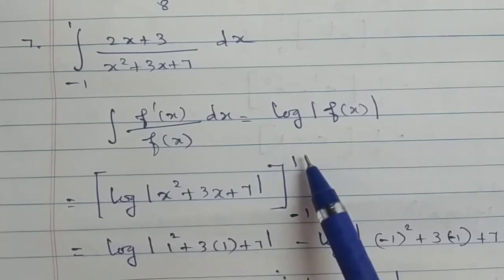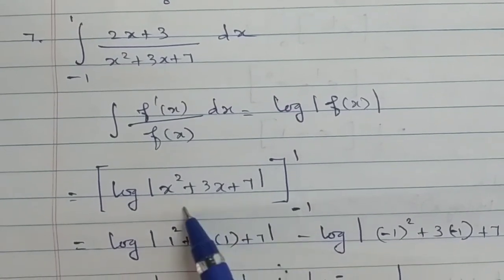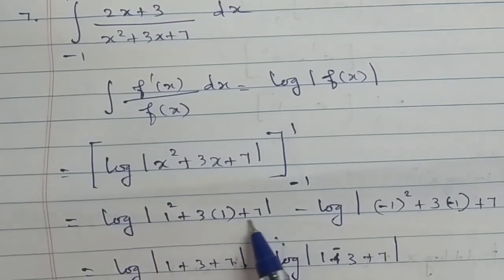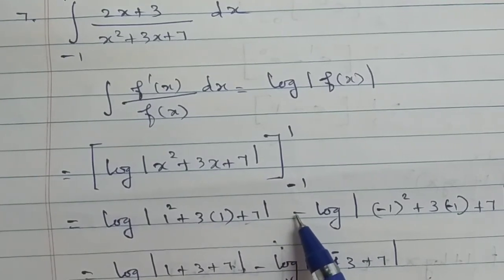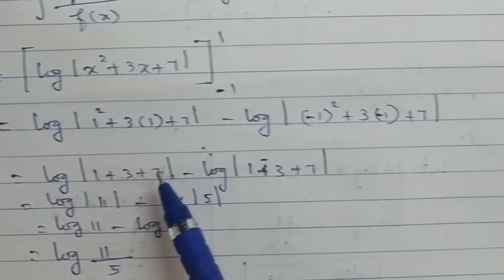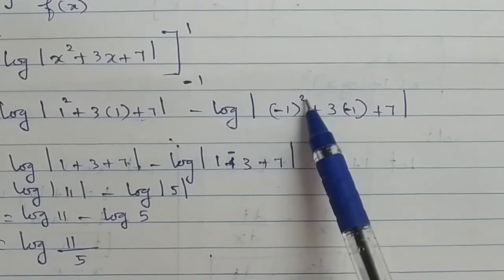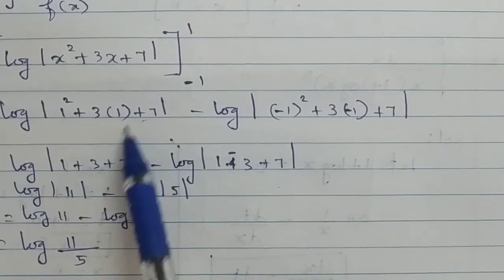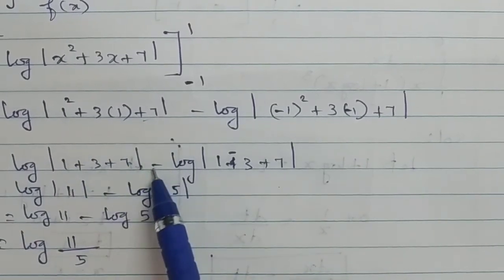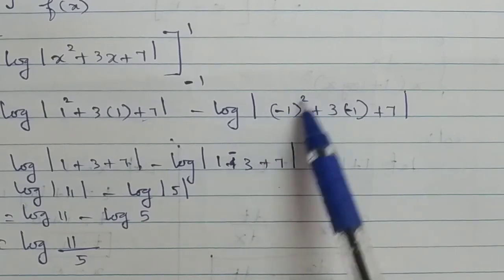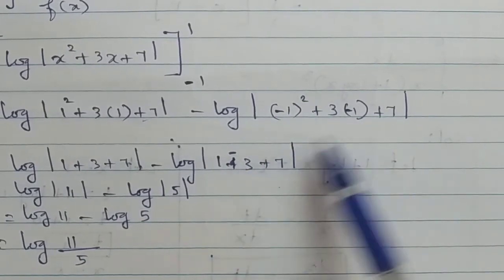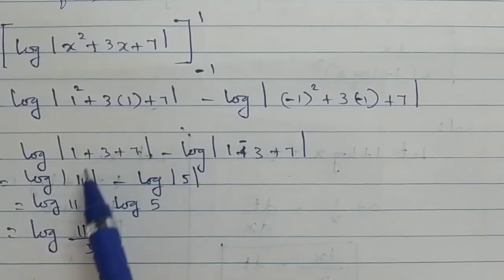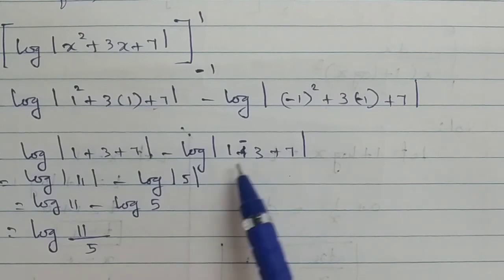The limit is minus 1 to 1. Now apply the upper limit: in the place of x, substitute 1, so 1 square plus 3 into 1 plus 7. And next, in the place of x, substitute minus 1: minus log of minus 1 the whole square plus 3 into minus 1 plus 7. That is 1 plus 3 plus 7, minus log of 1 minus 3 plus 7.